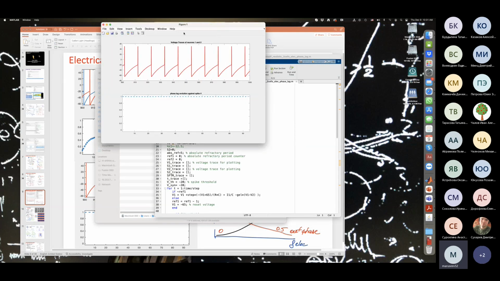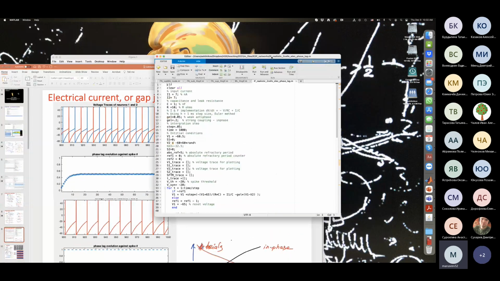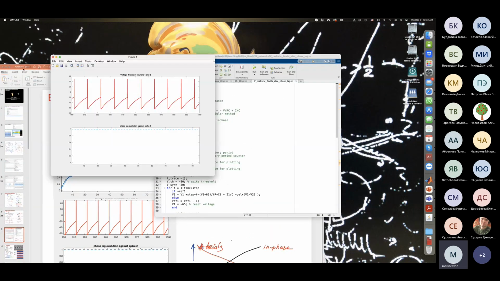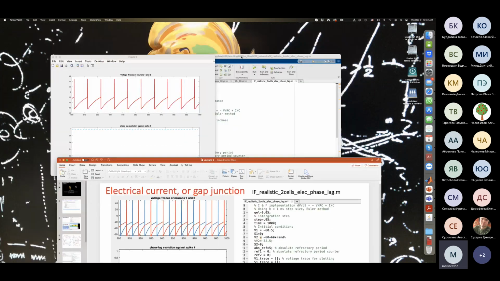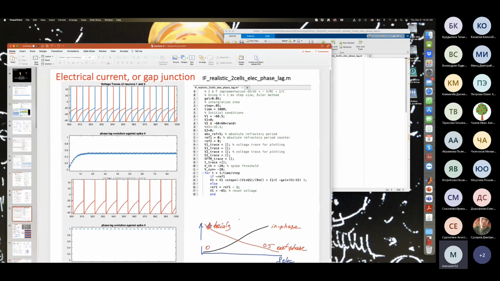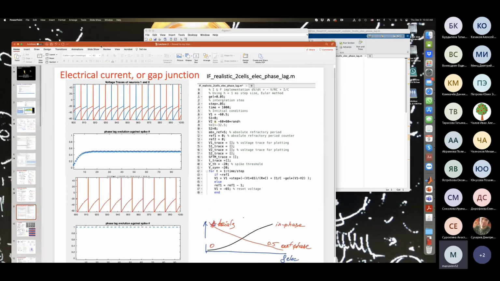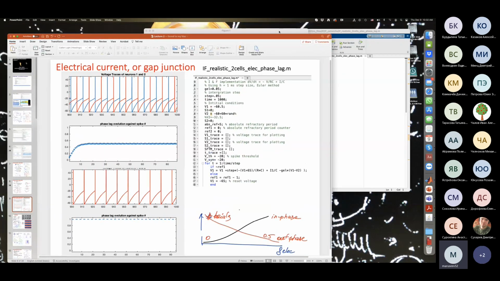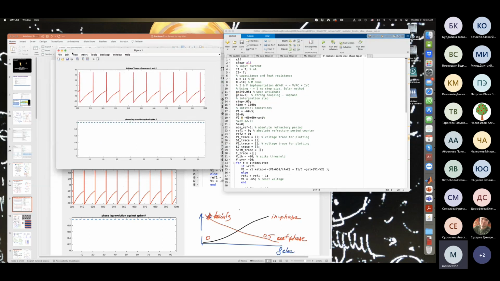Let me arrange these windows so I can better see what's going on. All right, now I can see it.